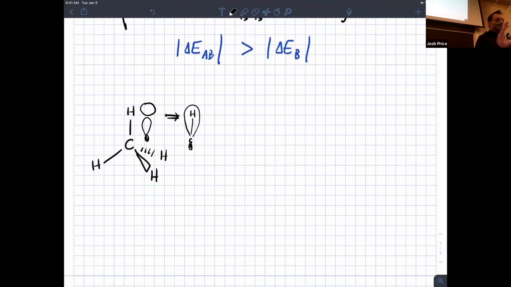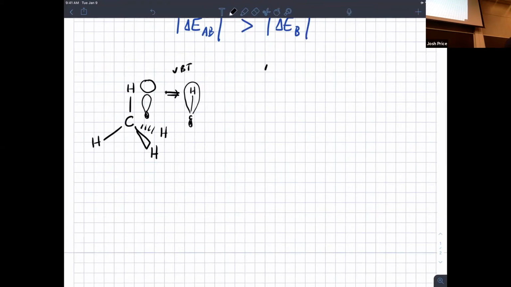With the pure MO picture, though, we're not even going to worry about hybridization at all. We're going to think about what the available atomic orbitals are from each of the atoms in methane.